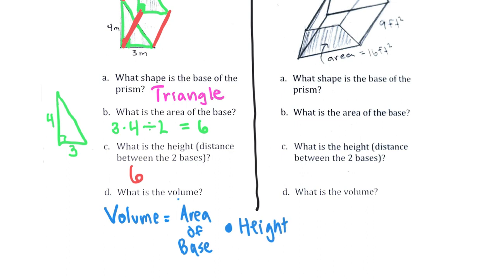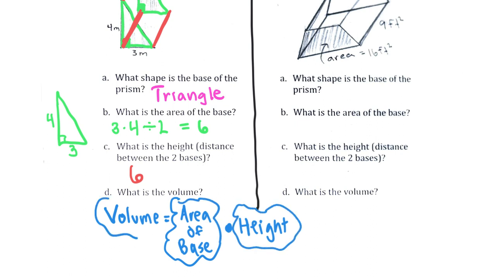So we have the area of the base multiplied by the height is equal to our volume. So we have all that information. We have the area of our base right here is 6. We have the height of our prism is also 6.